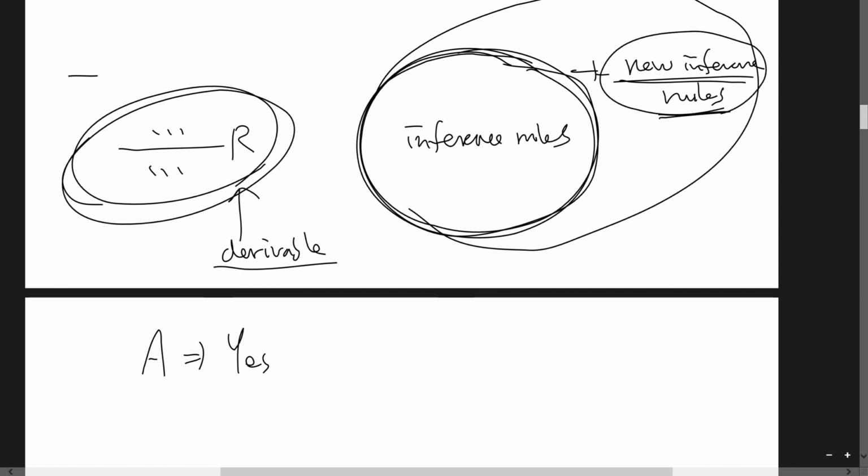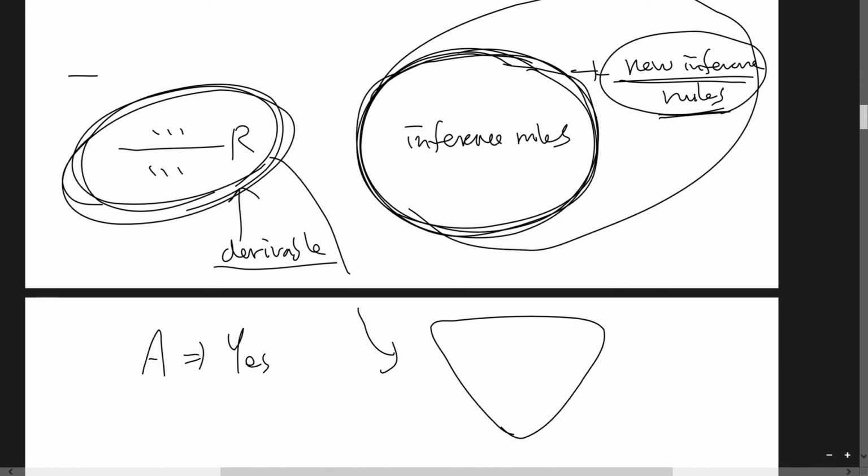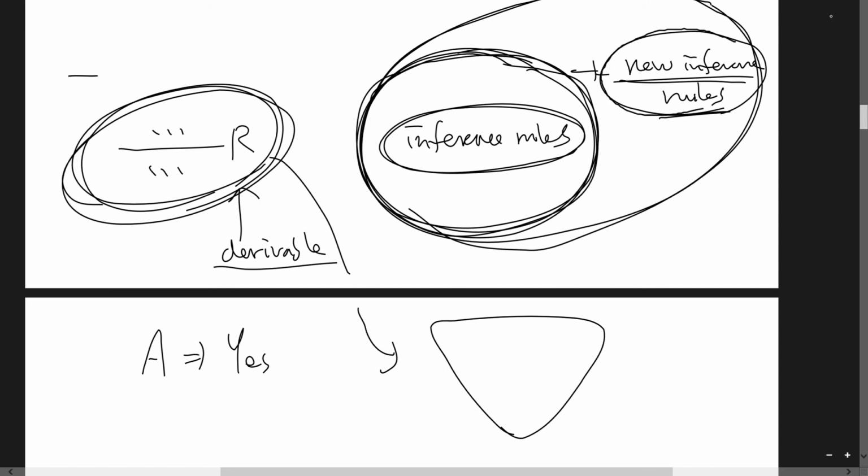And the reason is simple. This rule is derivable with respect to this set of inference rules. What that means is that this derivable rule can be expanded to a derivation tree composed of applications of these inference rules. Now, the system has expanded with this new inference rule, and still this is a valid derivation tree because it's just a matter of reusing these inference rules.